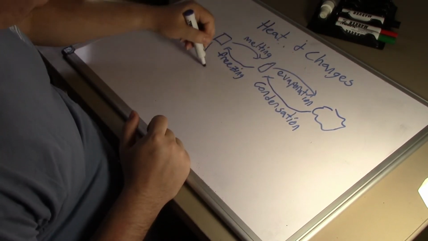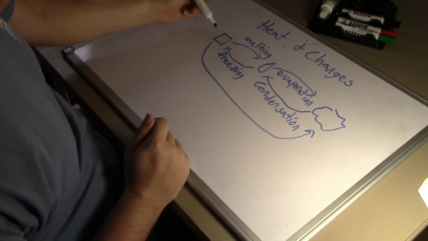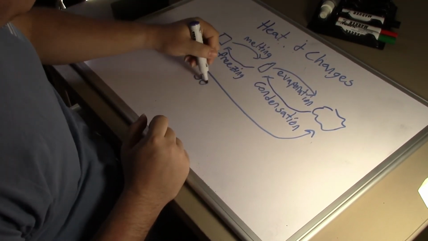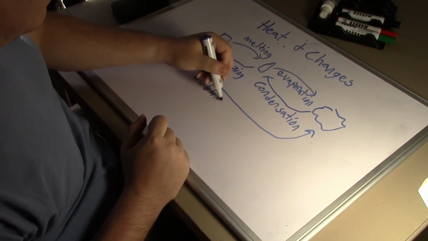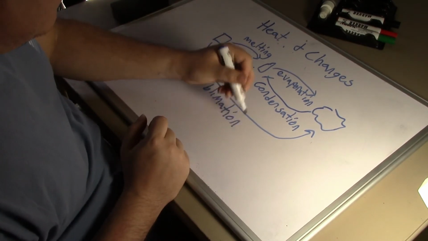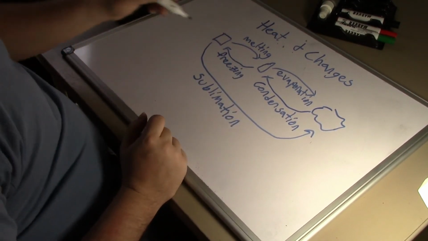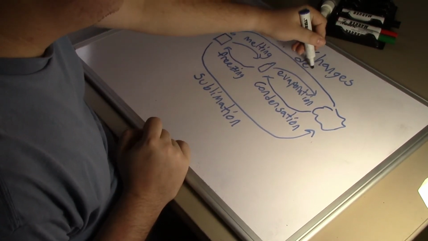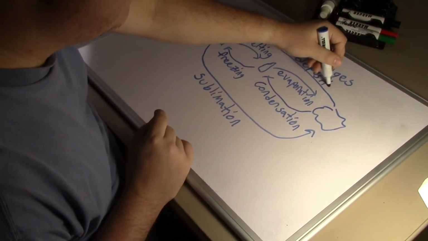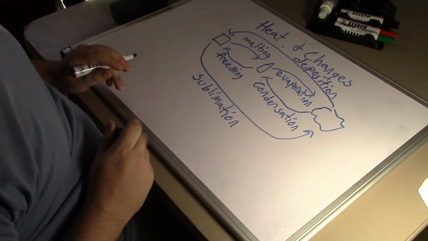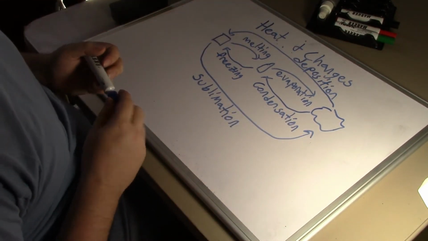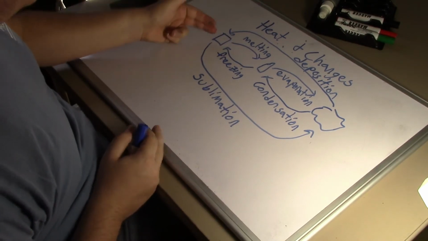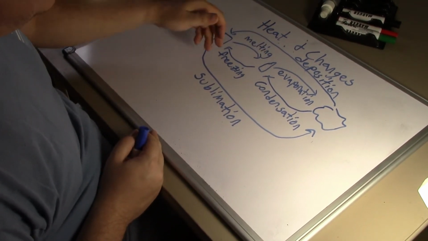We can also skip straight up. So going straight from a solid to a gas is called sublimation. And going straight from a gas to a solid is called deposition. While these things do happen, they're a lot more rare. But you can see, if we have melting and then freezing, we have that pair.